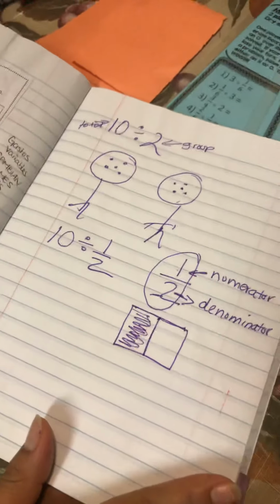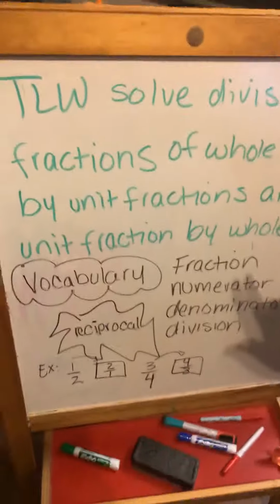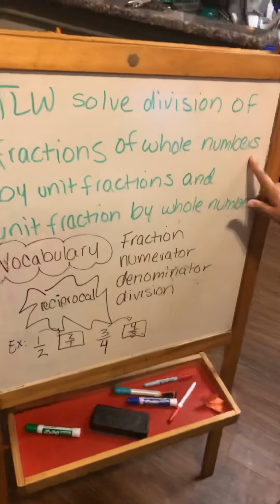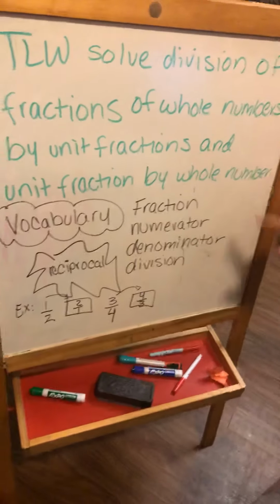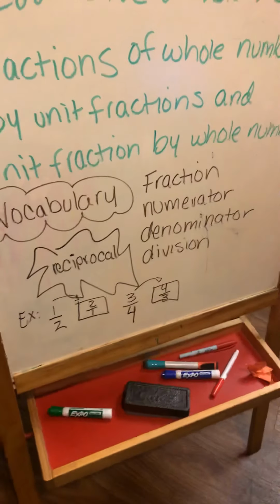So now that we already know what we're going to be working on, today's objective is the learner will solve division of fractions of whole numbers by unit fractions and unit fractions by whole numbers. So technically what we're doing, we're dividing fractions.